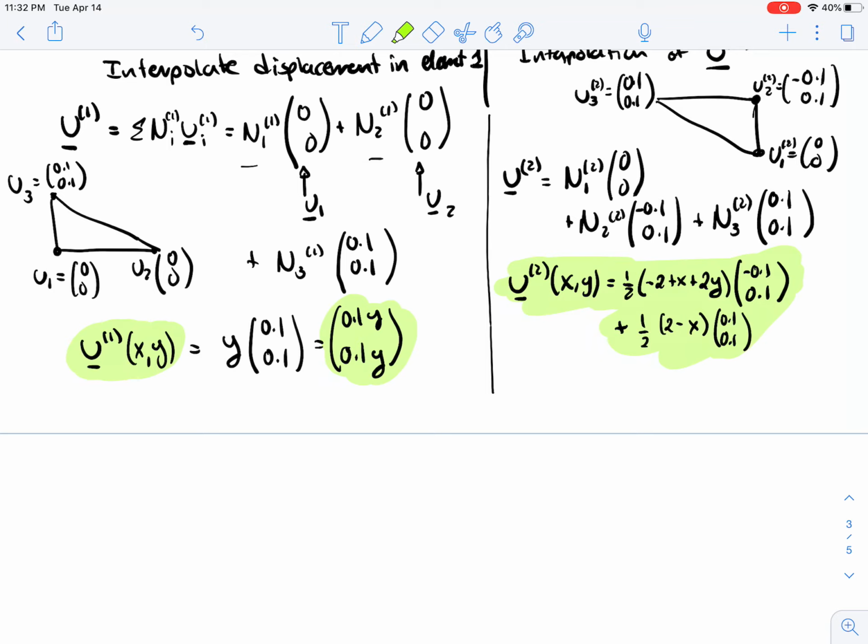And the displacement over element 2 is this function of x and y. And then for the strains, what we want is the different strains. I guess there are 3 different strains that we could calculate. So we can calculate the strain in x, which will be du/dx.